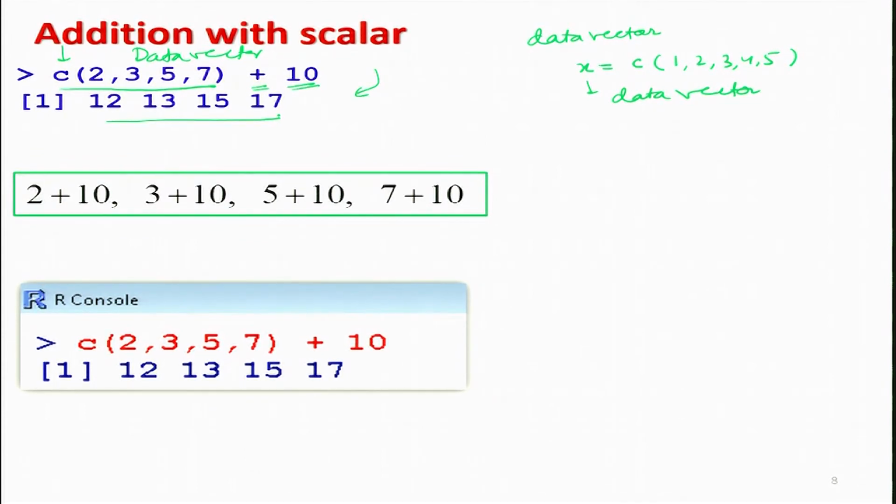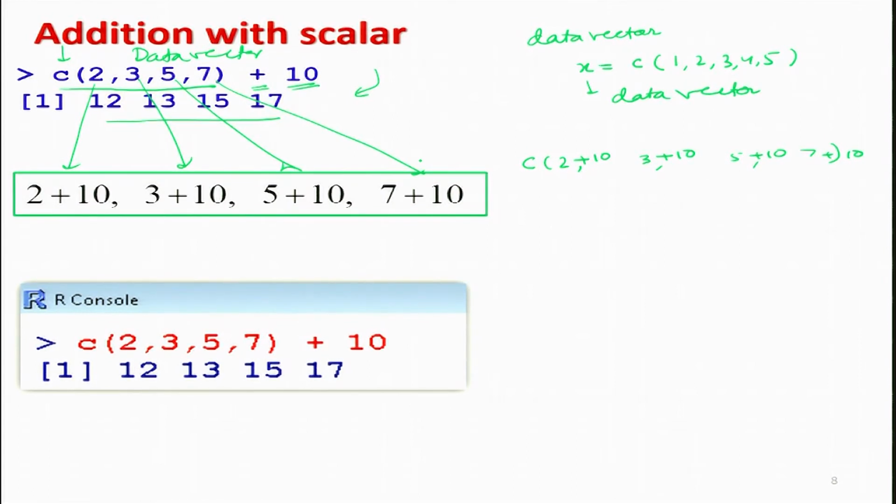So now you have to understand what R is trying to do. Actually, when you write 2, 3, 5 and 7, and then say plus 10, this 10 is added to all the numbers. So this operation is like 2 plus 10, 3 plus 10, 5 plus 10 and 7 plus 10.